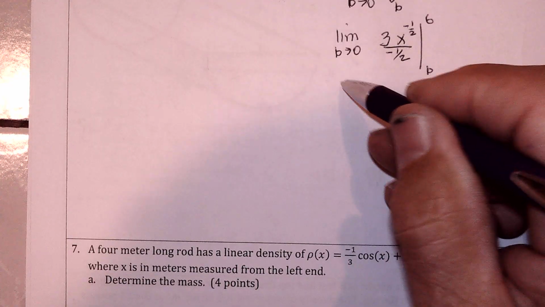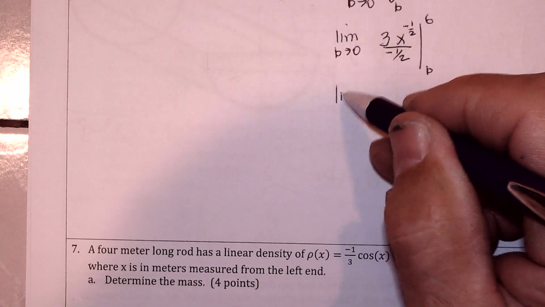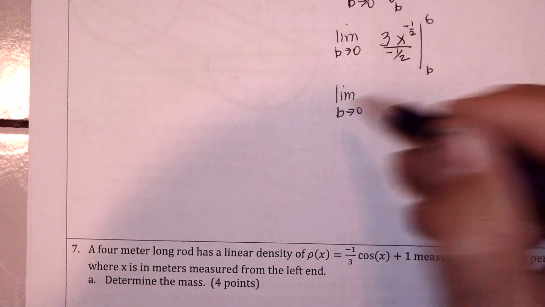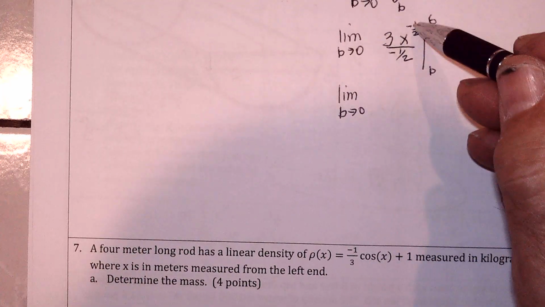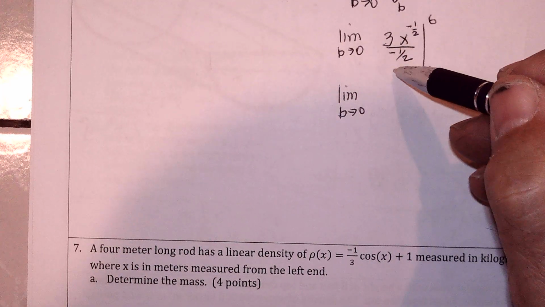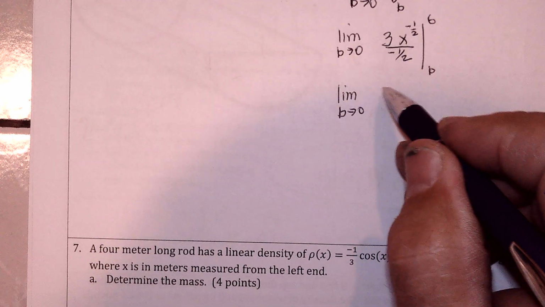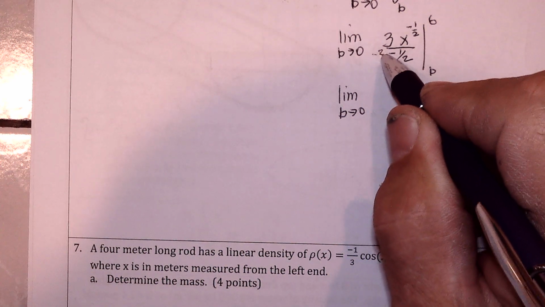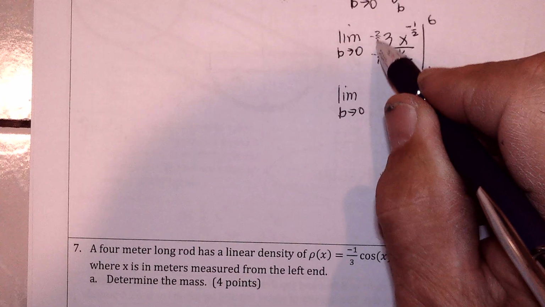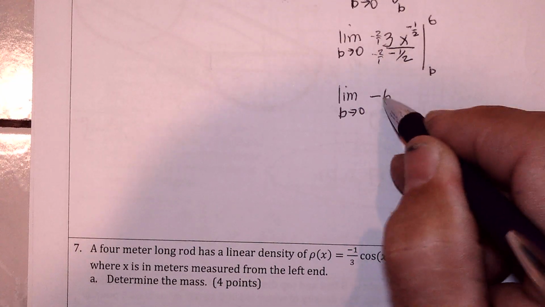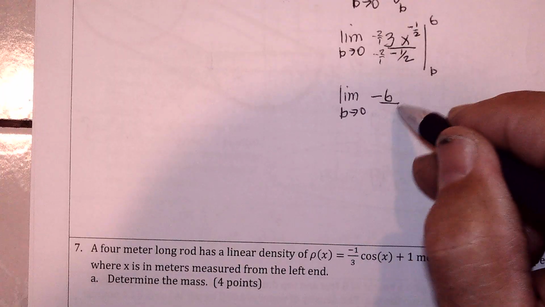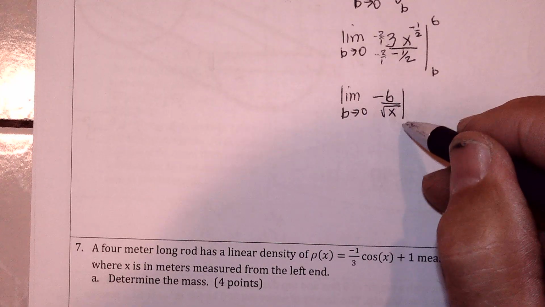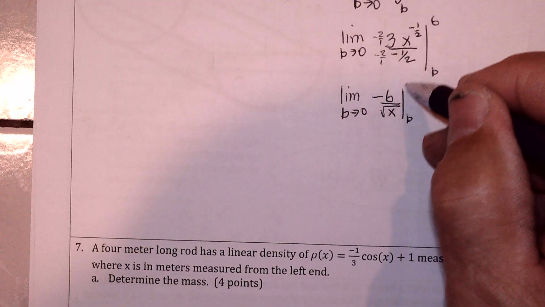So x to the minus 1 half means it belongs in the denominator. Half is a square root, and we can get rid of the fraction by multiplying by negative 2 over 1, and so we get negative 6 over the square root of x, evaluated from b to 6.